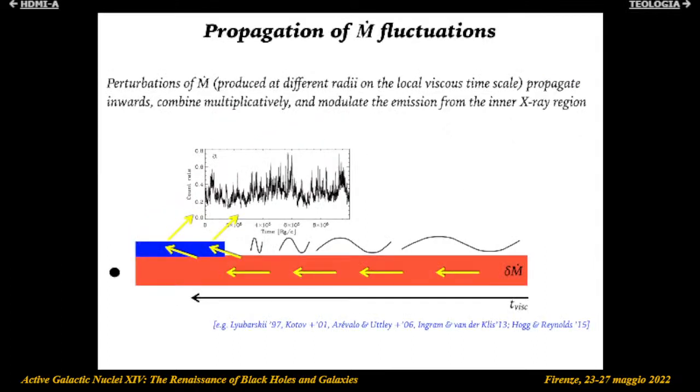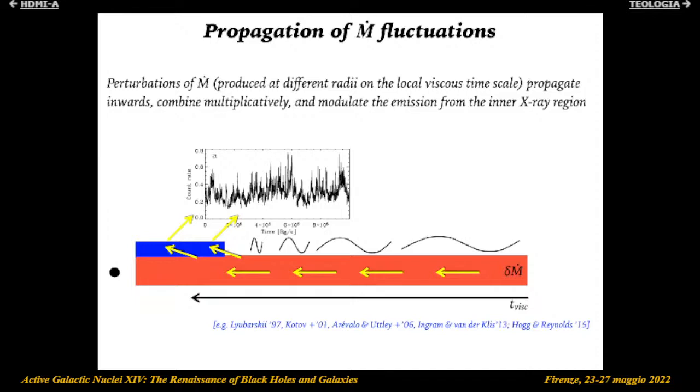Okay, so let's try to build a model. As I said, these models have basically been proposed to explain variability in black hole binaries. With the limitation I said, we are just extending it to AGN, but it seems it works pretty well for black hole binaries, at least from a qualitative point of view.